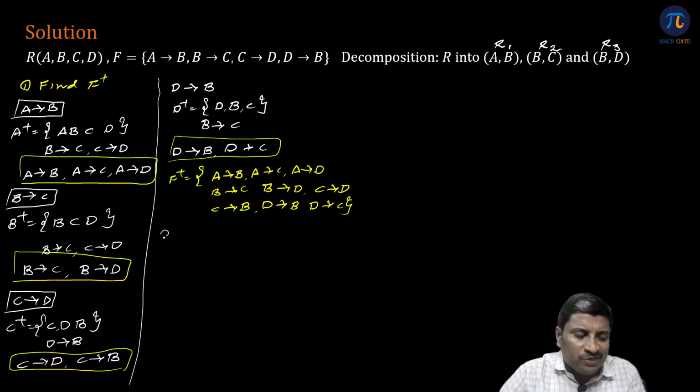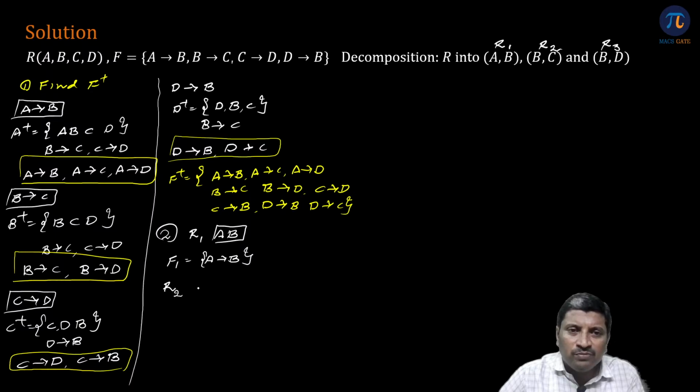What is the second step? We need to find F1, F2, F3. So what is R1? AB. What is F1? A implies B. Anything else possible? No. What is R2? BC.